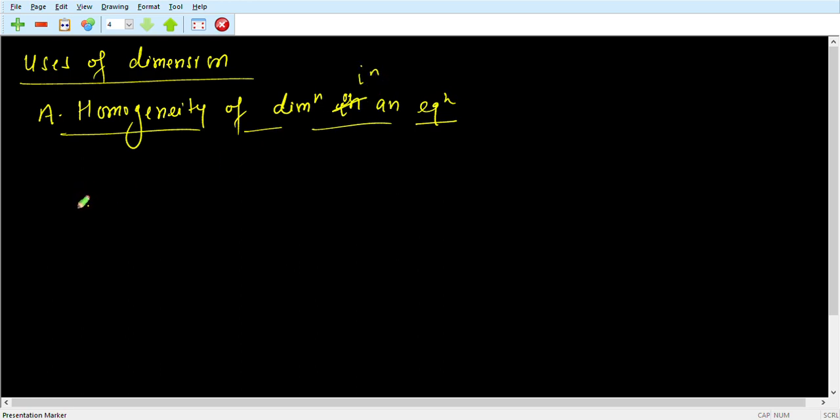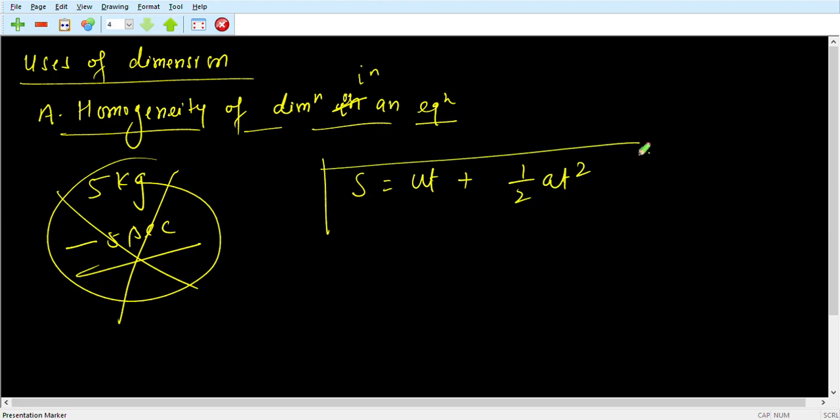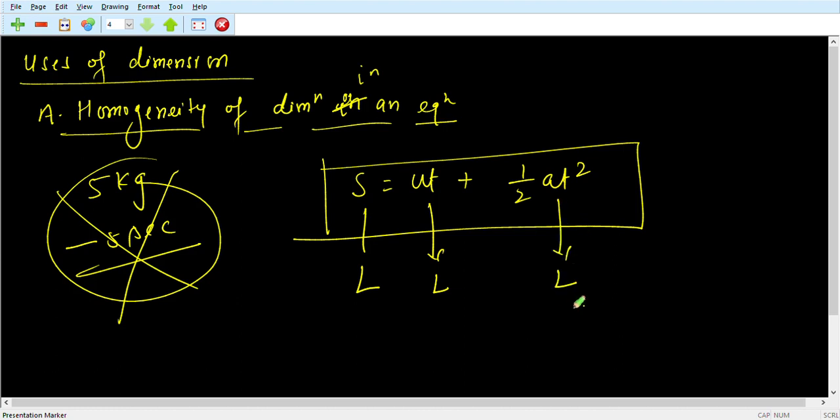See, it is not possible to add or subtract two different physical quantities. It is not possible to subtract 5 seconds from 5 kg. So if I have written s is equal to ut plus half at square, and if this is a length, then this must be a length and this must be a length only.